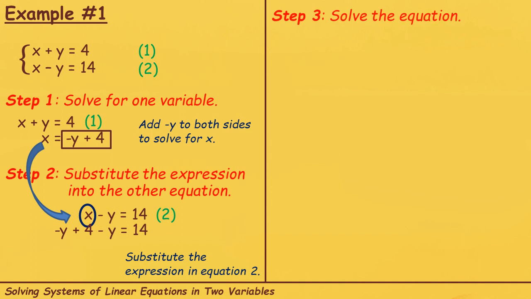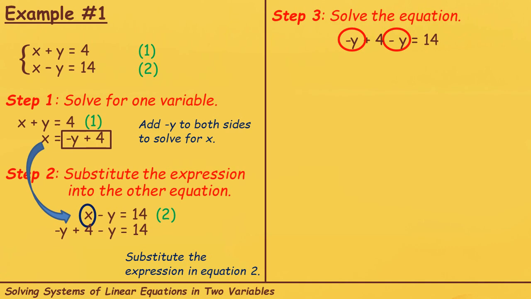Let us now proceed to step number 3. Solve the equation. Yung nakuha natin sa step number 2, which is negative y plus 4 minus y is equal to 14, we will just solve this equation. So kung mapapansin natin, we have like terms in this equation, negative y and negative y.